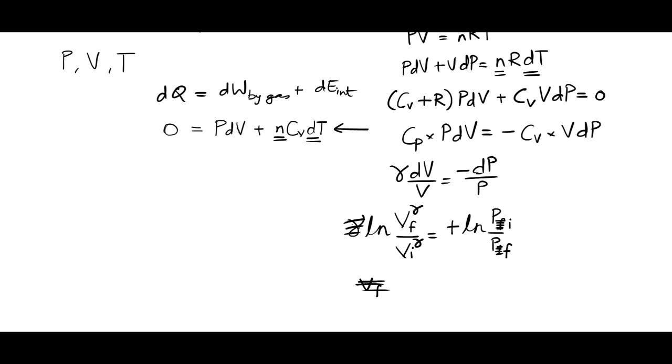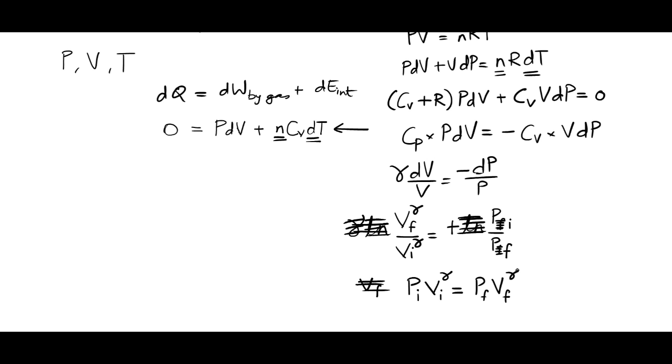In other words, I just remove the log sign. Likewise, on the right hand side I remove the log sign. So I get this relation, and after cross multiplying, what I get is P initial times V initial raised to gamma equals P final times V final raised to gamma.